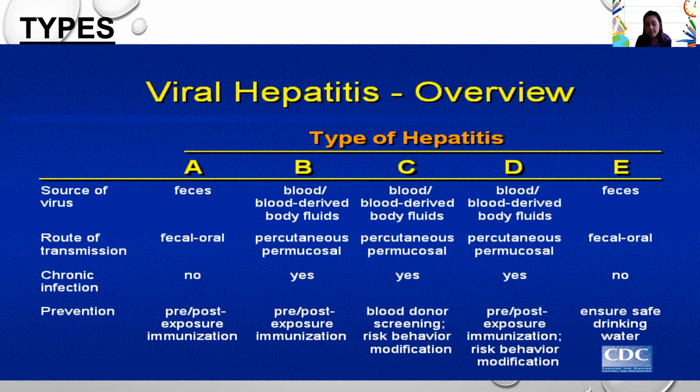That's how you will get type B, type C, and type D hepatitis. Pag type A and type E naman, pwedeng yung food mo ay nagkaroon ng dumi ng tao na infected ng hepatitis A and hepatitis E. So that's how you contracted this disease.